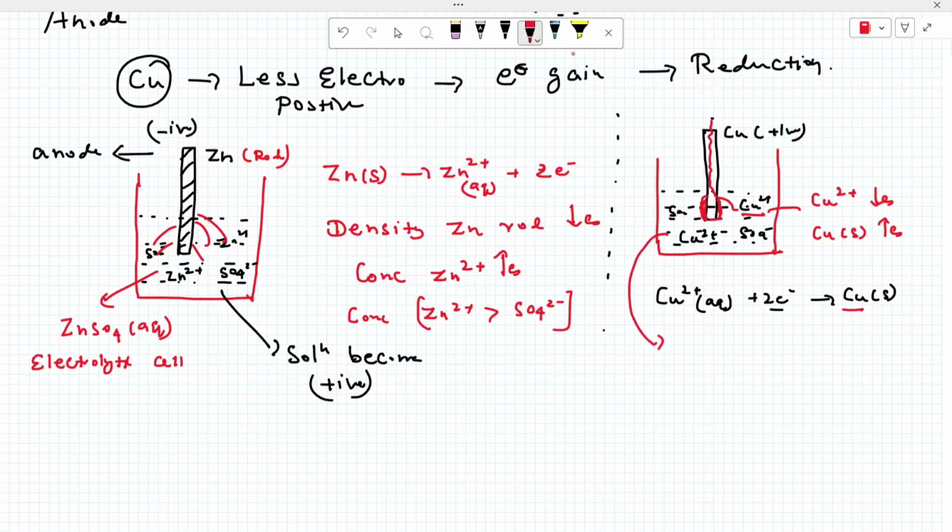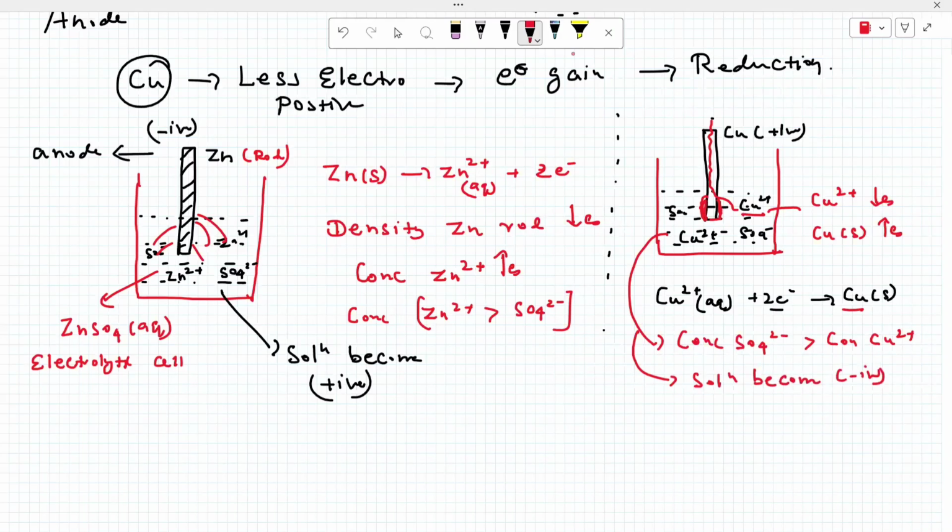Therefore, after copper 2 plus gains 2 electrons from zinc to become copper, in the solution the concentration of SO4 2 minus is richer than the concentration of Cu2 plus. Therefore, this solution becomes negative.